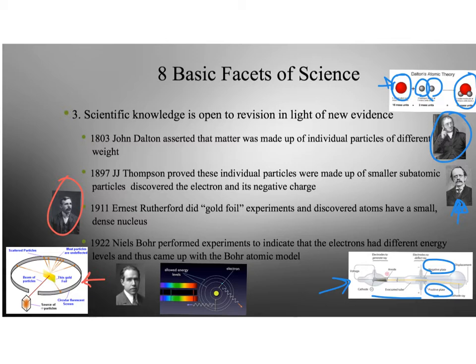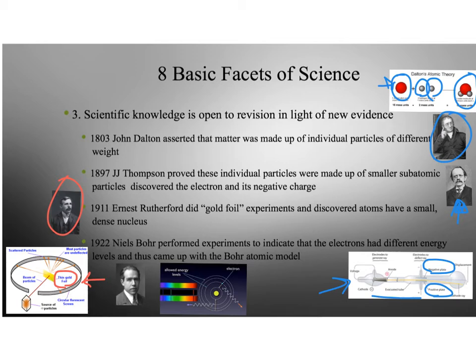So in his experiments, he basically radiated alpha particles through a thin gold foil. And just think of aluminum foil, a really, really thin sheet of metal, except his foil was made of super thin gold.